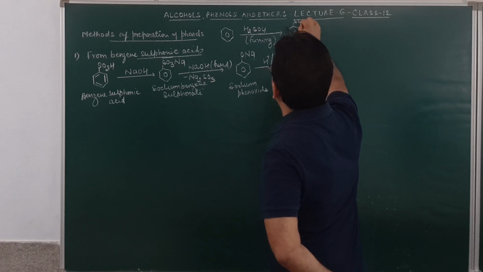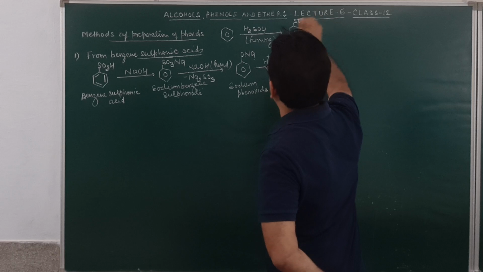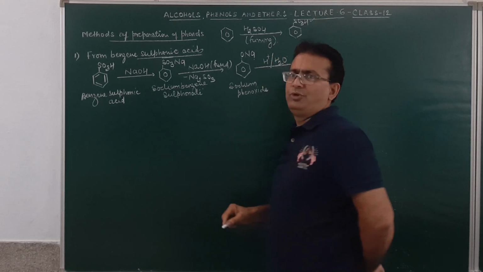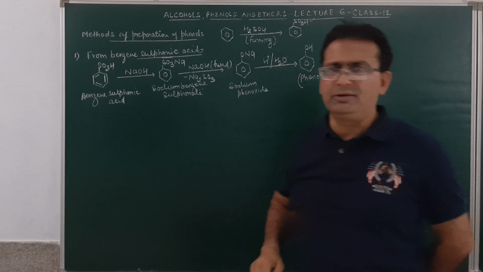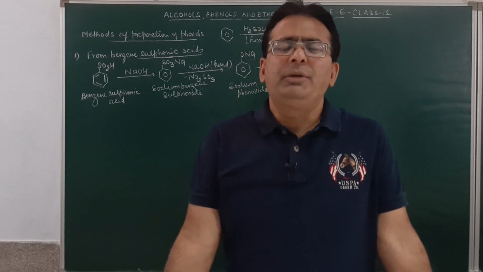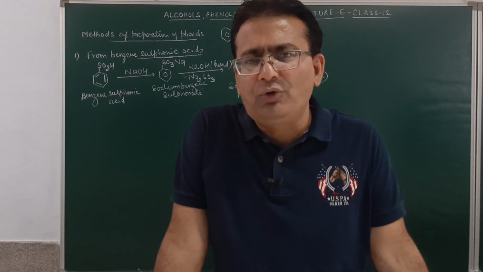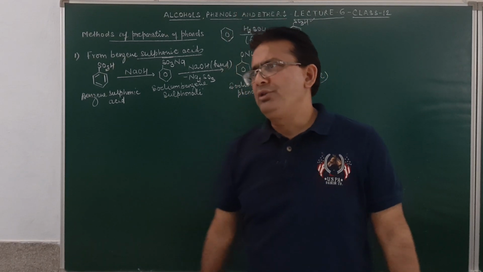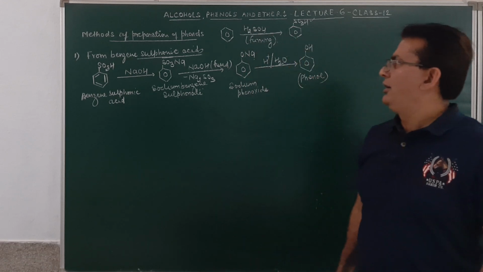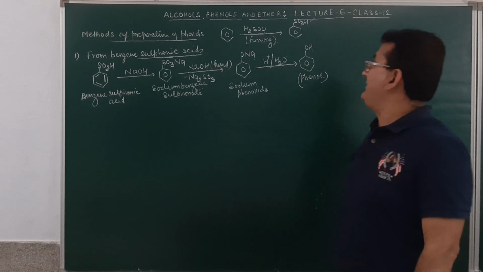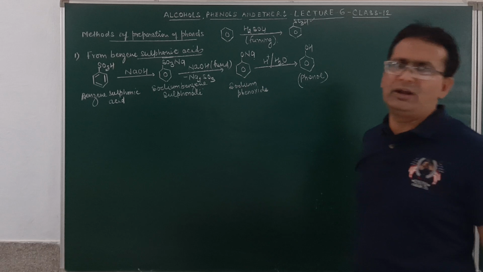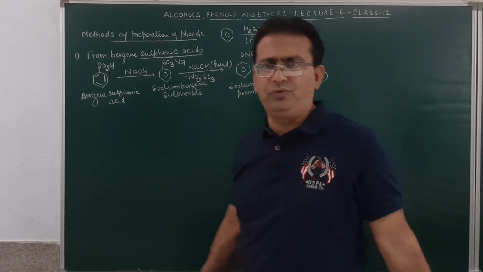This reaction was discussed with you in class 11th, as a property of benzene by electrophilic substitution reaction. In the board examination, the question may come: convert benzene into phenol. So this can be one method of conversion of benzene into phenol.